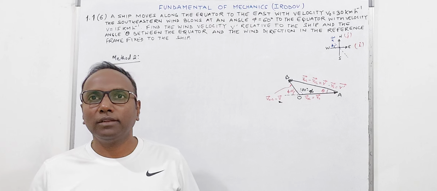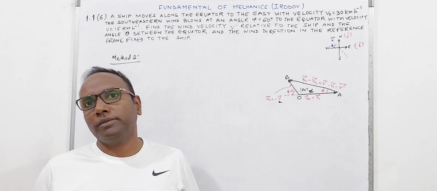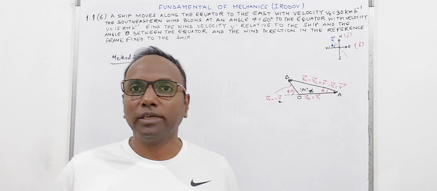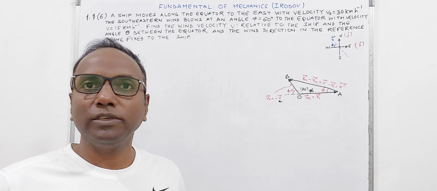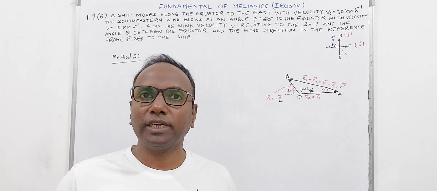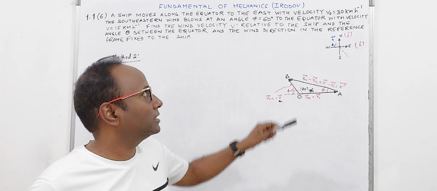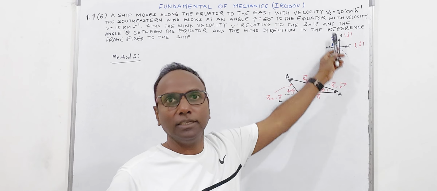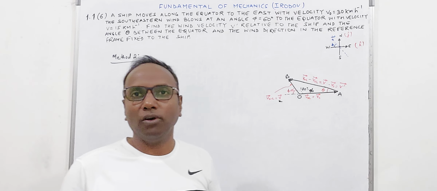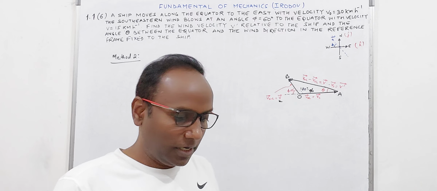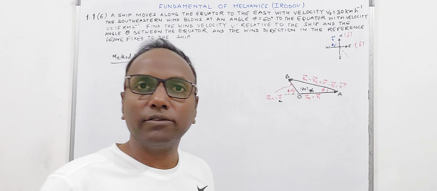So now we will go the other way, how it can be solved if we use the unit vectors i in the direction of east and j in the direction of north. So let us try to solve that way as well.